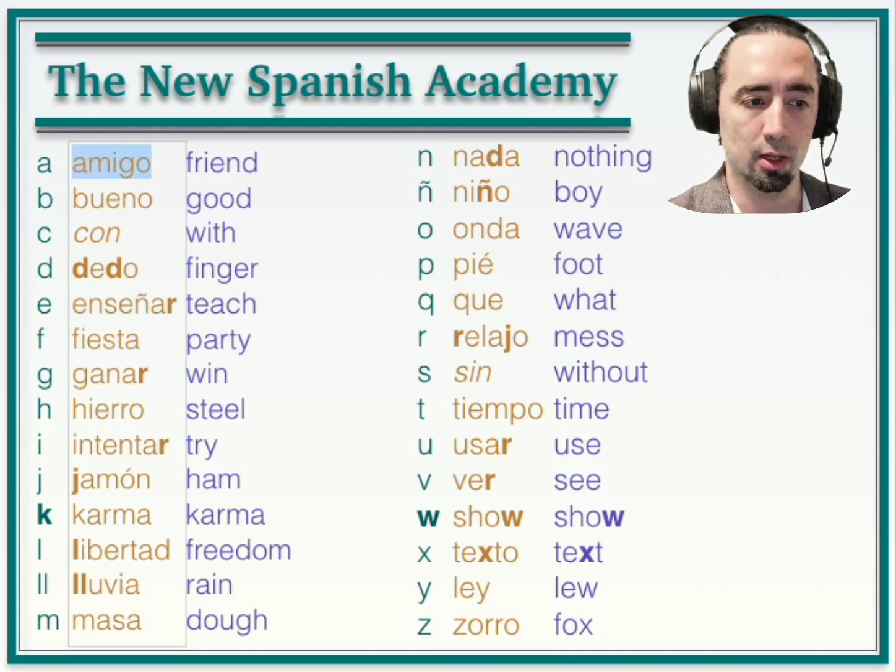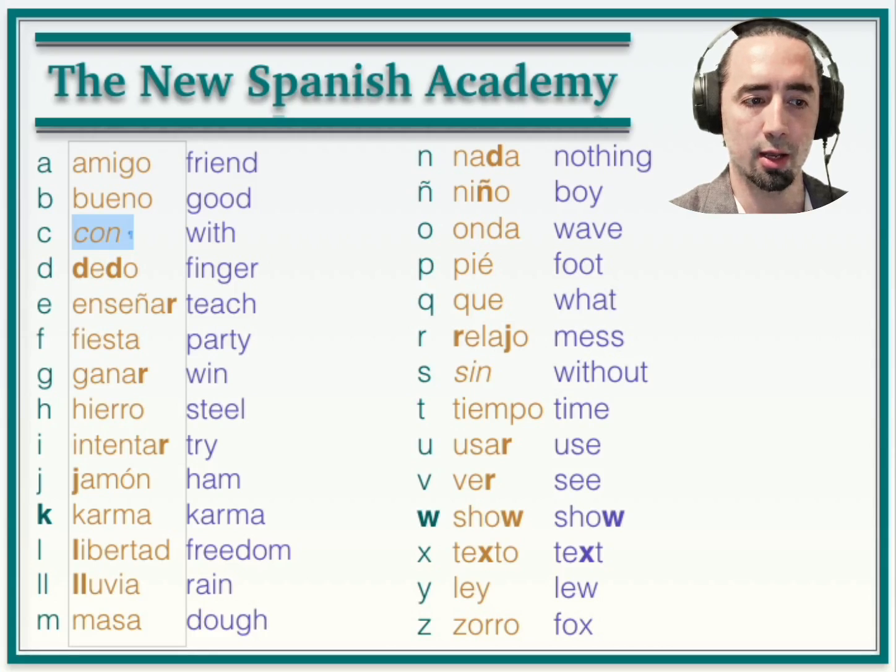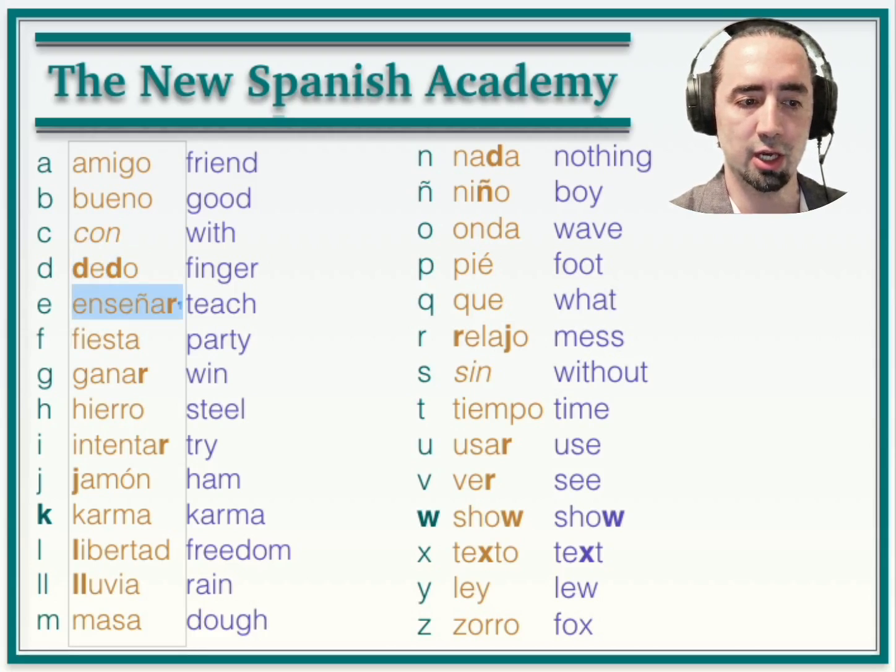Alright, now we're going to go through the words and I'm going to spell them letter by letter. Let's go. Amigo. A-M-I-G-O. Bueno. B-U-E-N-O. Con. C-O-N. F-I-E-N-S-E-N-A-R, fiesta.